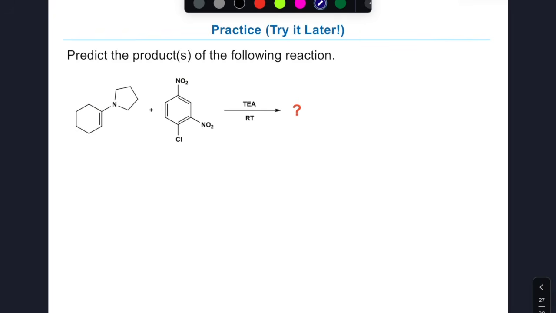Now for this one, what we're doing is taking a carbon-centered nucleophile. Remember, this is our enamine. Now, enamines are nucleophilic at this alpha center. So what's going to happen is we're going to bring down the charge. That's going to attack at our center, which is going to push the charge.